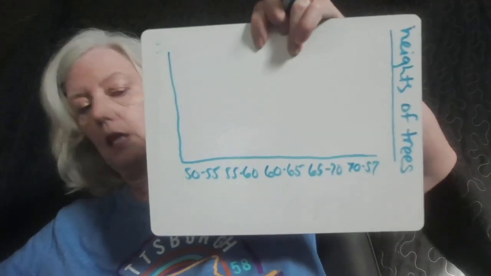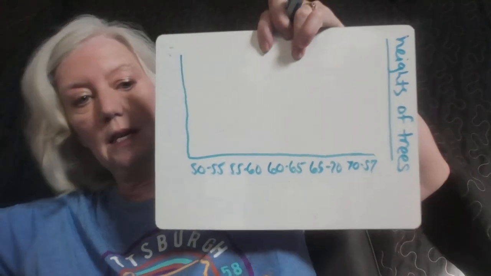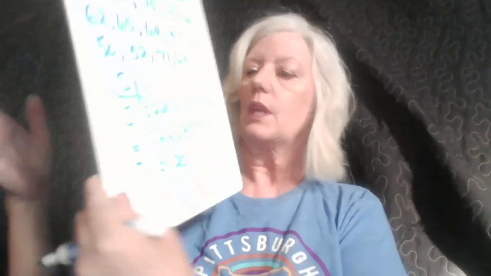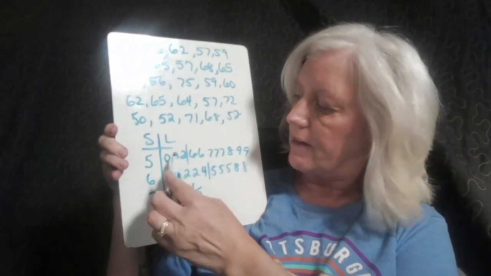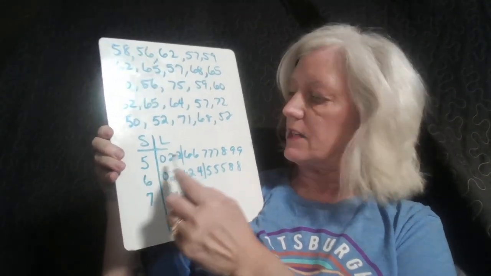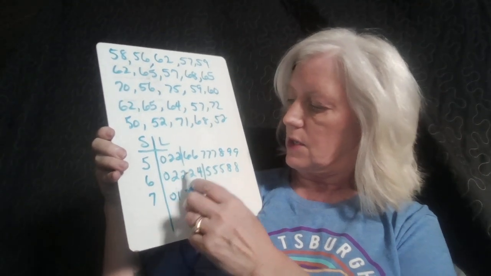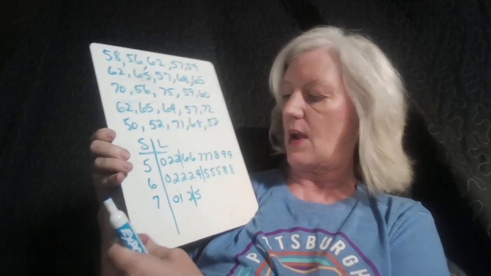Then I have to count how many is going to be the tallest bar. Well, in my 50 to 55, I've got 3 of them. In my 55 to 60, I've got 1, 2, 3, 4, 5, 6, 7, 8 of those. So 8 is the tallest bar that I need to make.